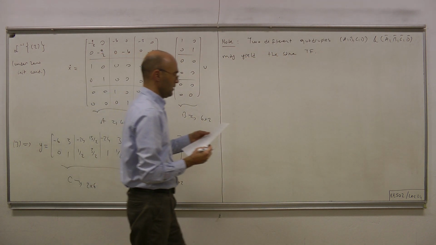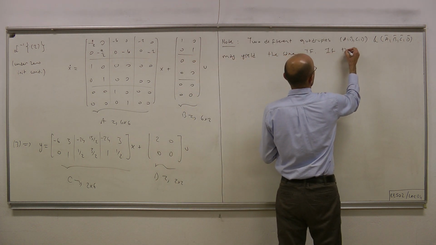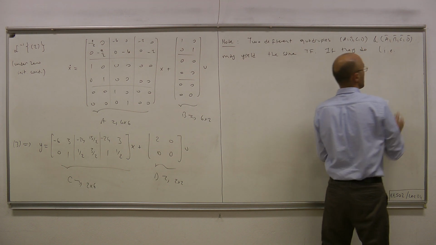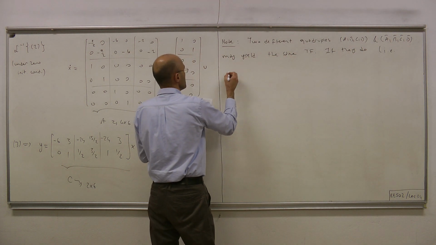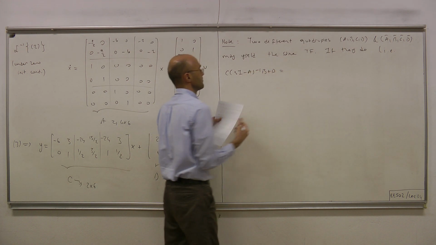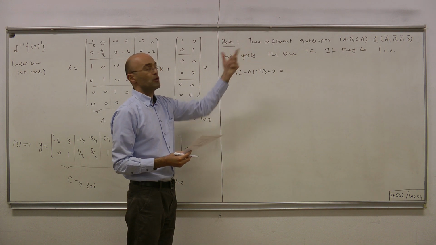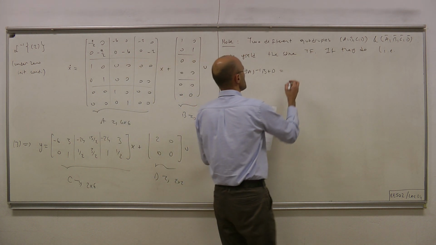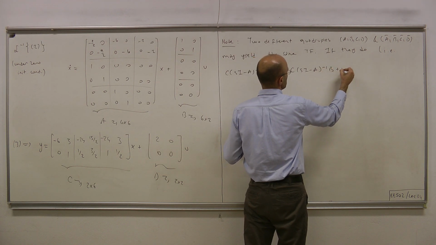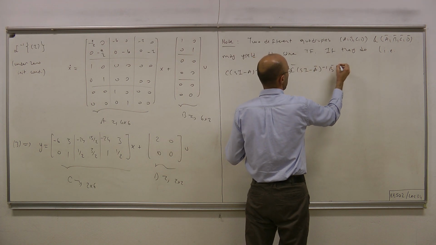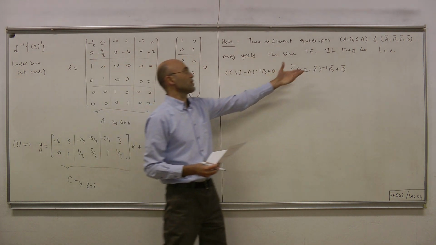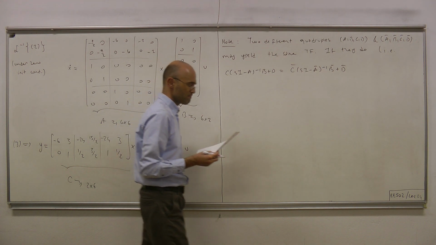If they do, in other words, if C times sI minus A inverse B plus D, this is the transfer function given by the first set, equals C bar times sI minus A bar inverse B bar plus D bar, this time with bars everywhere, which is the transfer function corresponding to the second set.